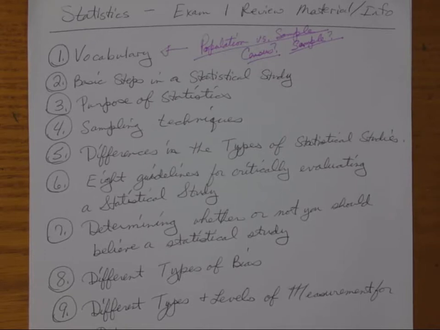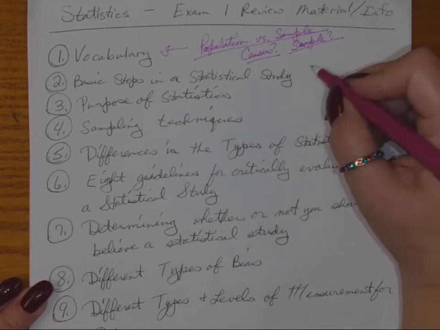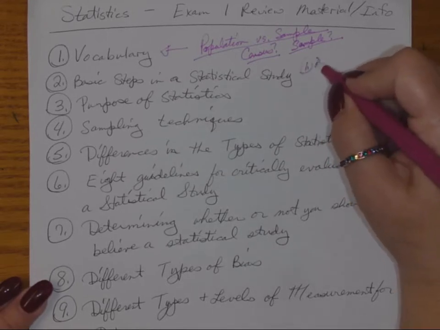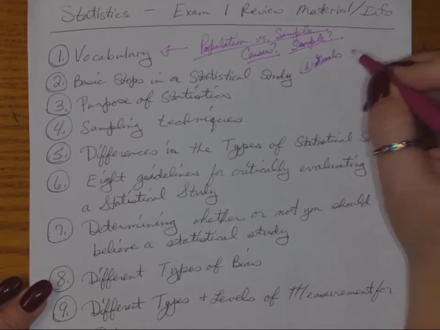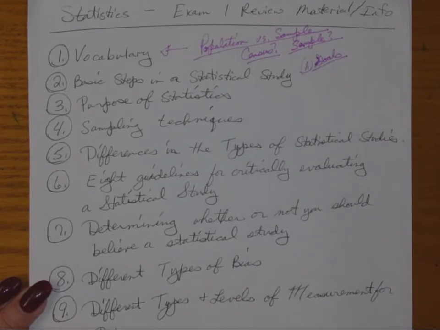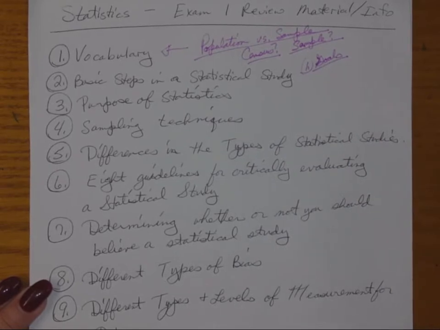Whenever you start out, you need to identify your goals. You need to know what your population is going to be. You need to know what you're looking at as far as, when I finish this study, I will be able to tell you such and such.